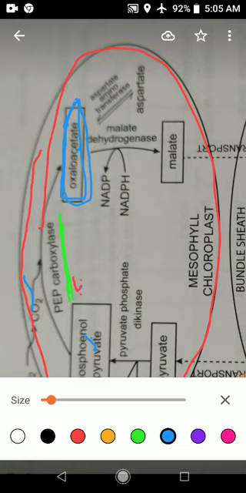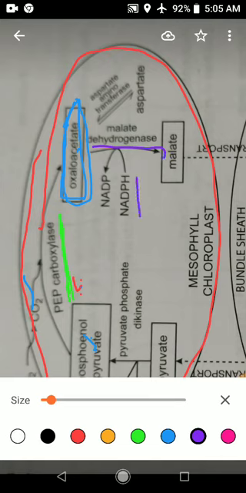Now, in the chloroplast of the mesophyll cell, this oxaloacetate is reduced to malate, and for this reduction 1 molecule of NADPH is required.